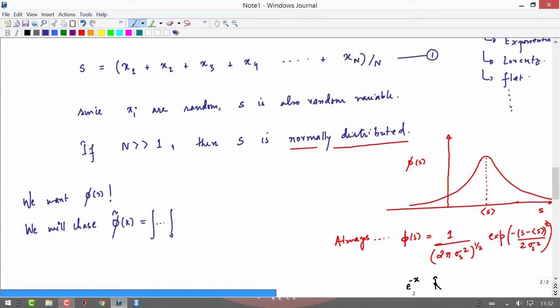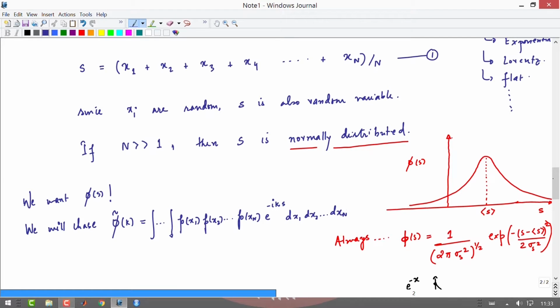So, I am not writing it, but you should understand that these integrals are all definite integrals, and you will say p of x1 into p of x2 up to p of xn, e to the power minus ik s, dx1 dx2 all the way to dxn.